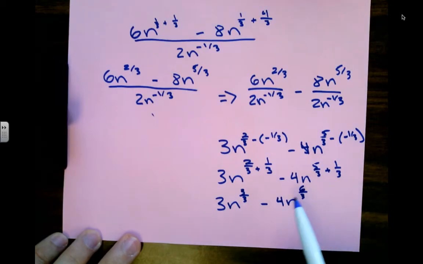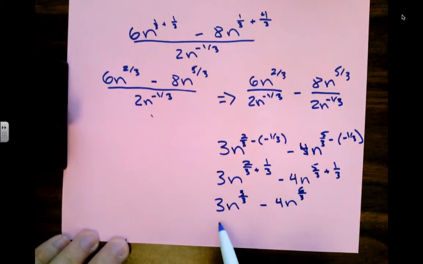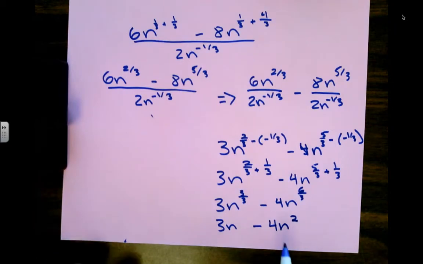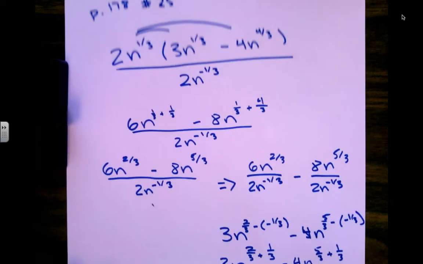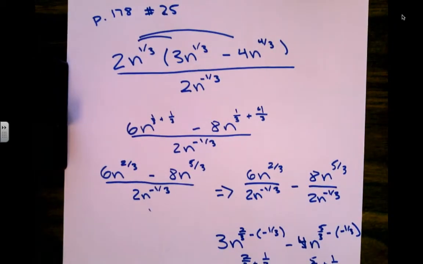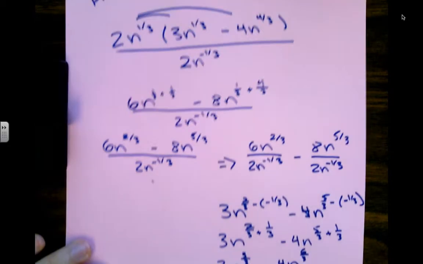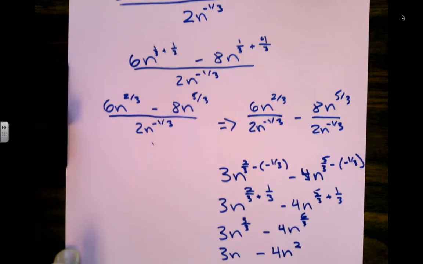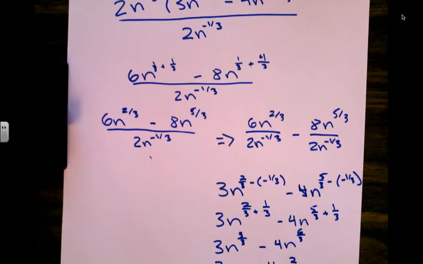Now I can simplify this. 3 over 3 is just 1, and then 6 over 3 would turn into squared. So all of this mess in the beginning, 2n to the 1/3, everything else, simplifies all the way down to 3n minus 4n squared. And you see we do this just by using our exponent rules.